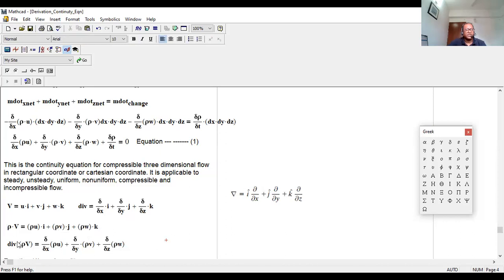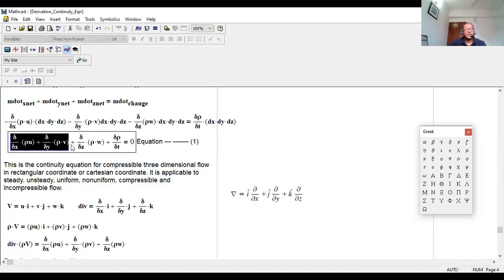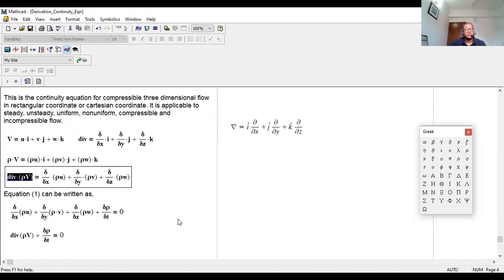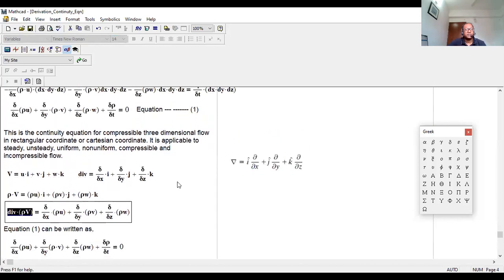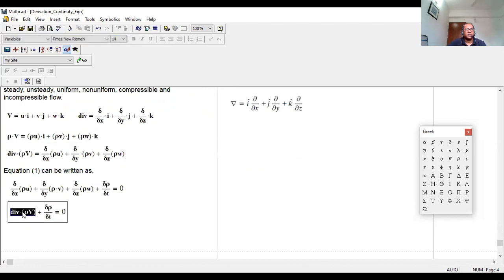Now, this vector, del, and ρV, you make the dot product. Then you get this one. Now you see the left side of this term I can replace by this one. So equation 1, I can write this way.